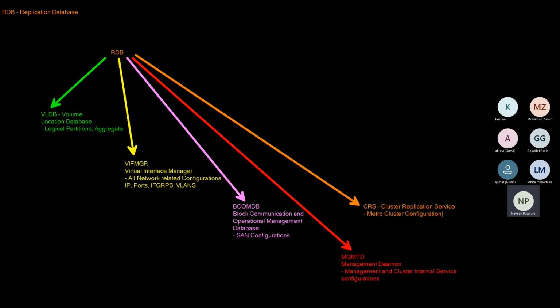For example, if your cluster is a normal cluster and not a metro cluster, then CRS will do nothing. It just stays idle. But if your cluster is a metro cluster, then CRS will play a very crucial role to manage the metro cluster configurations and the metro cluster services. So these are the 5 subdatabases which will be part of RDB.